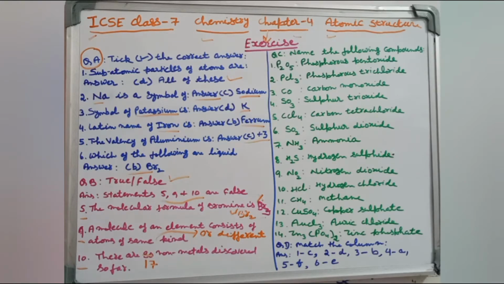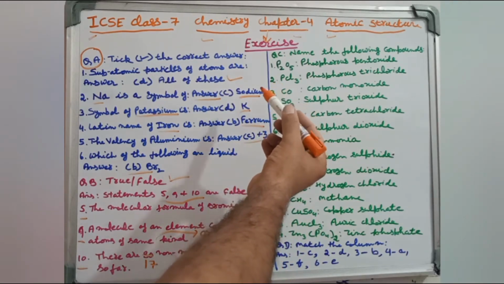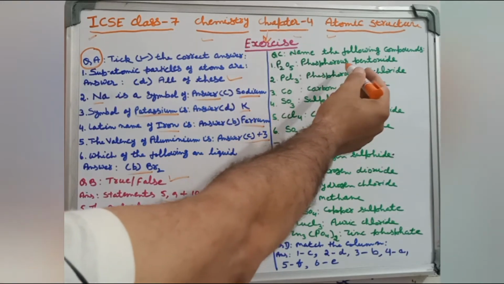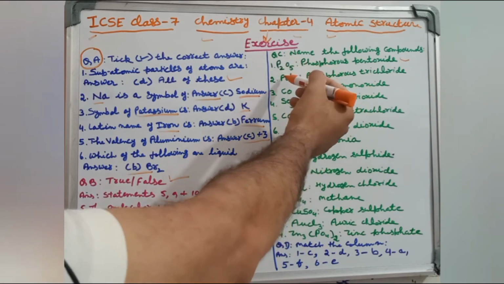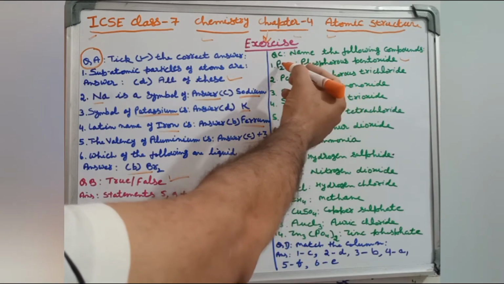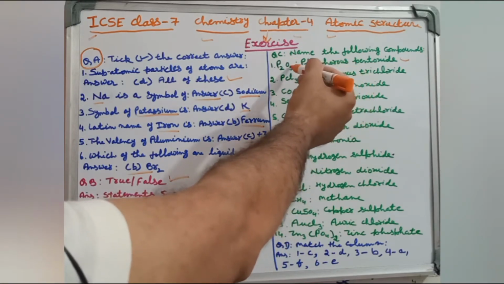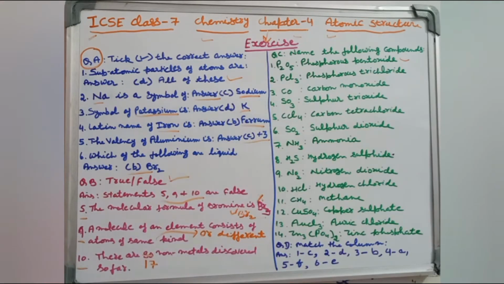Now we will move on to the third. Name the following compounds. First is P2O5, which will be phosphorus pentoxide. P2 is for phosphorus, O5 is for oxide, that is 5, pentoxide.